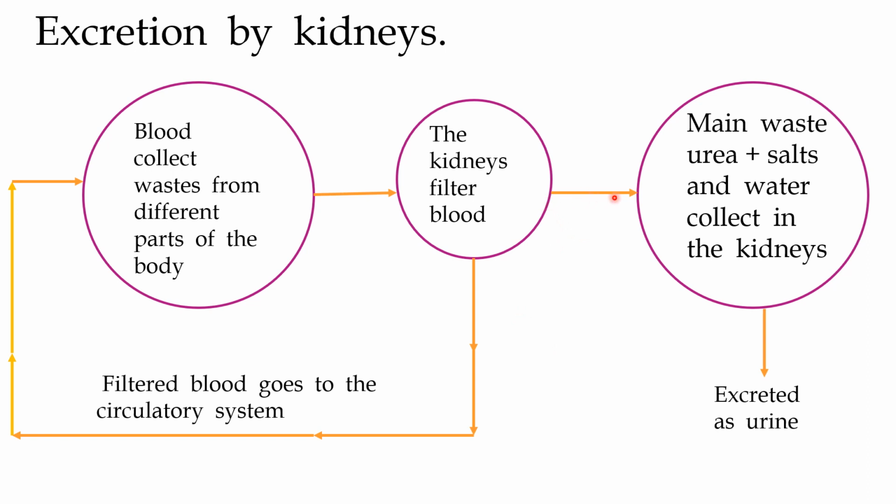This is all the waste. This arrow shows where the waste goes, and the clean blood goes back into the circulatory system. Can you see these arrows, children? You need to follow these arrows carefully to understand. We will deal with this more in detail once we have the online class.